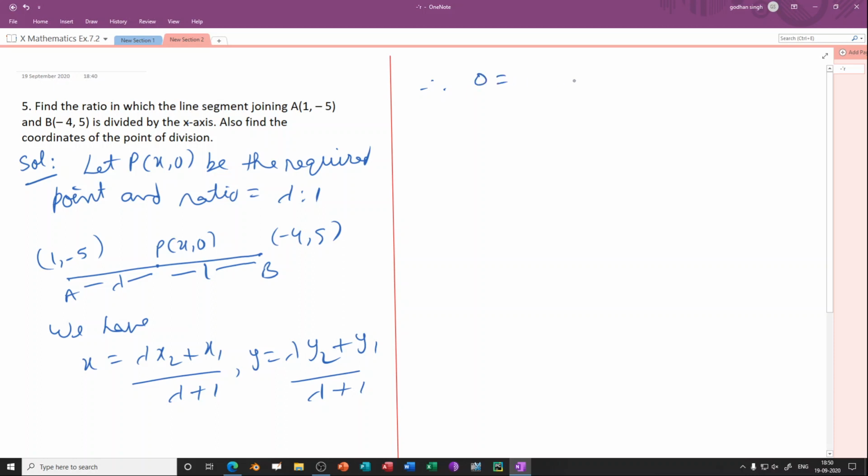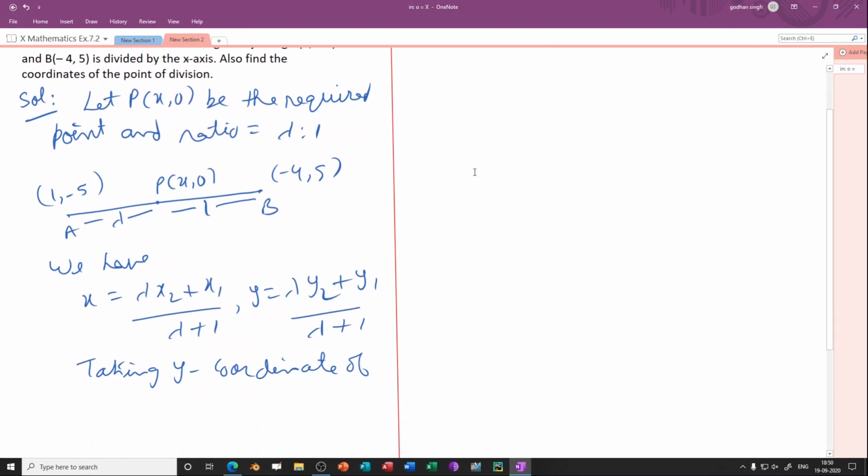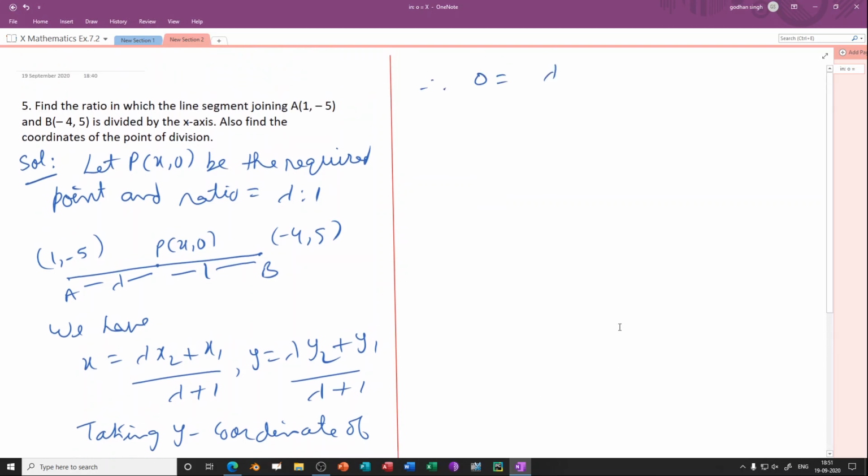Taking the y coordinate of point P, we have 0 equal to lambda into, what is y2?